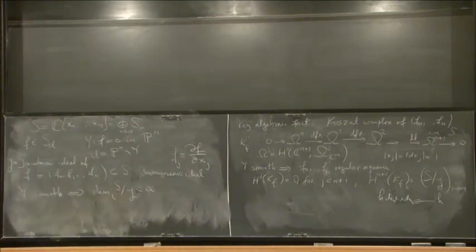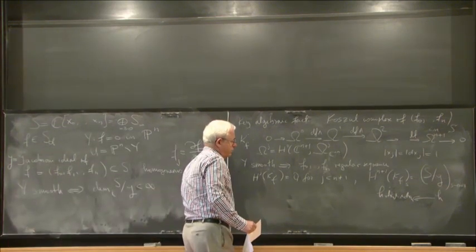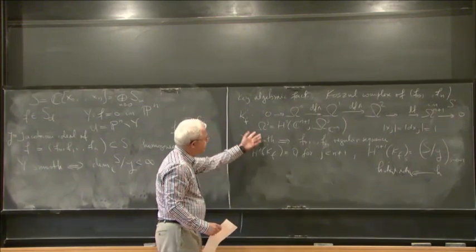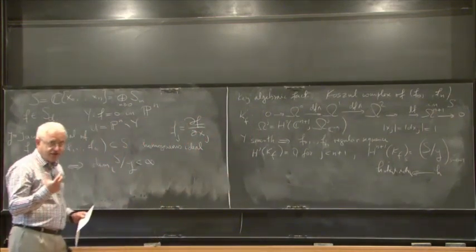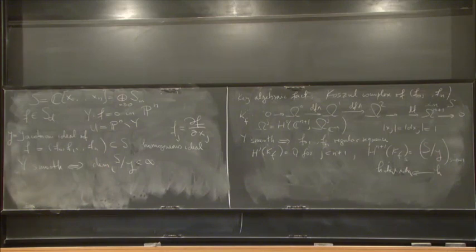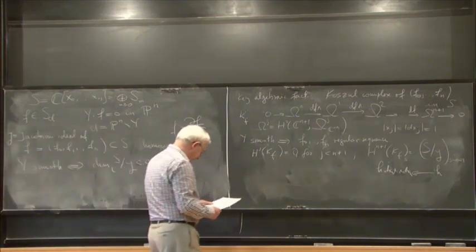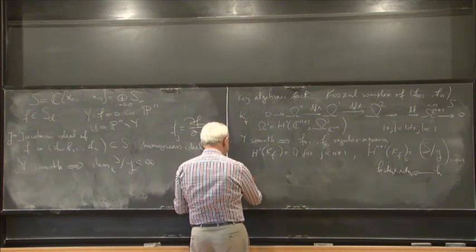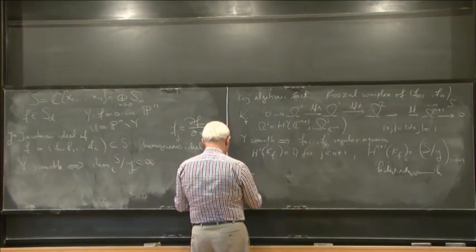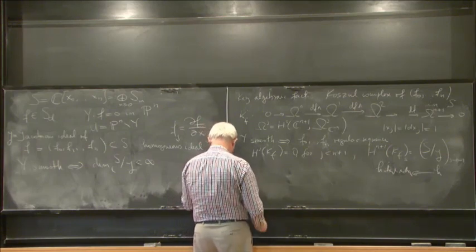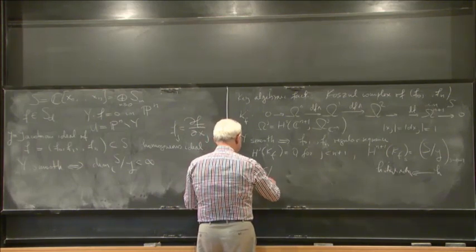Okay, and this fact has also computational consequences, and the computational consequences are that we can compute the Hodge numbers of a smooth hypersurface using a very simple formula. Namely, we have a formula for this Hilbert polynomial.